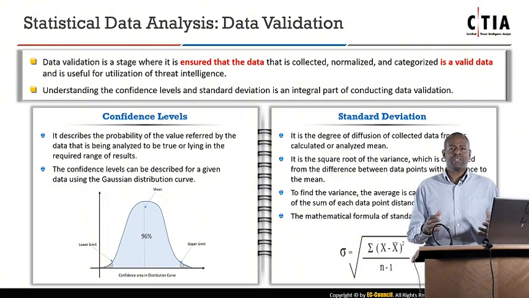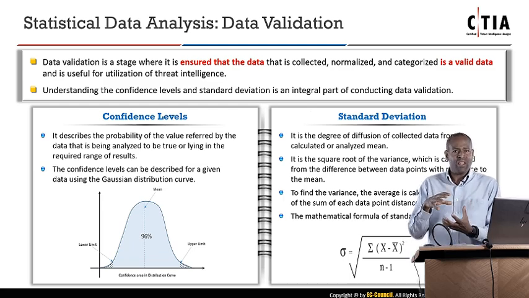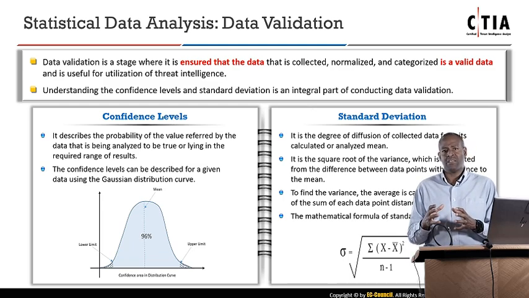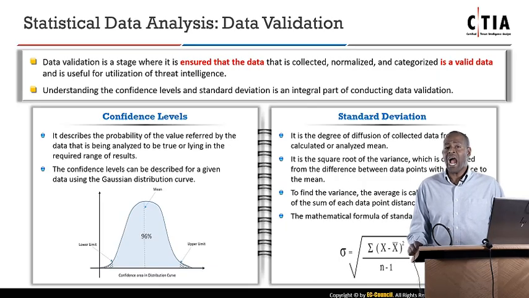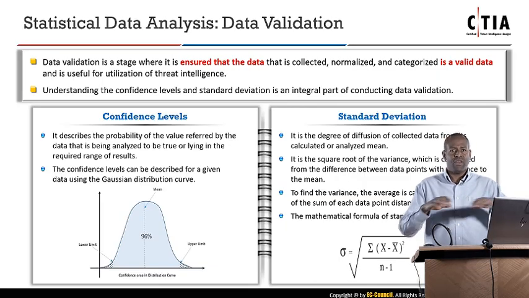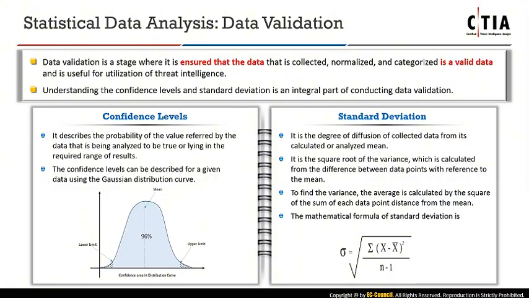But if I go and collect a couple of 100 apples, then I have a sample size that can give me a very good confidence interval. And I know that if I run my analysis on that data set, it's going to be highly representative of the 100 acres of apples. So the confidence level is going to be directly related to the sample size.